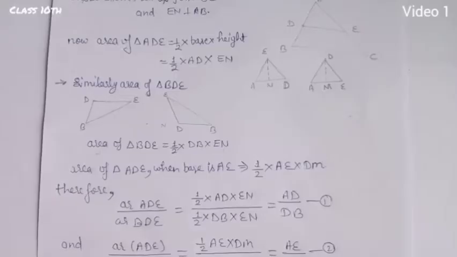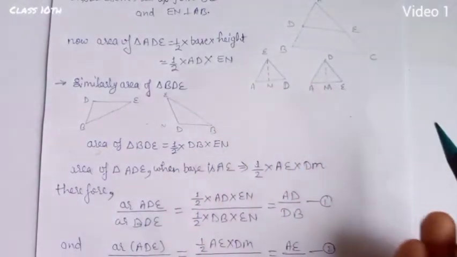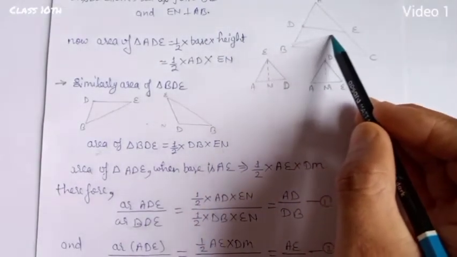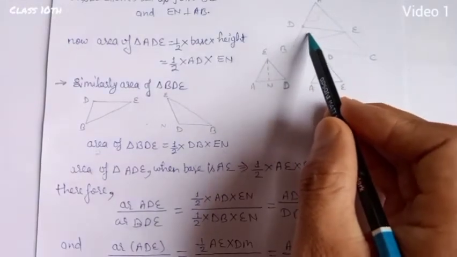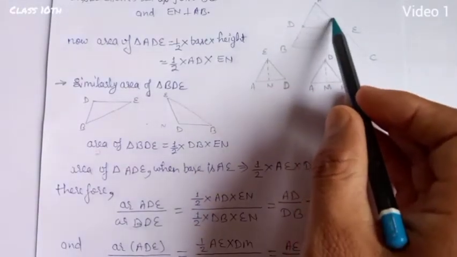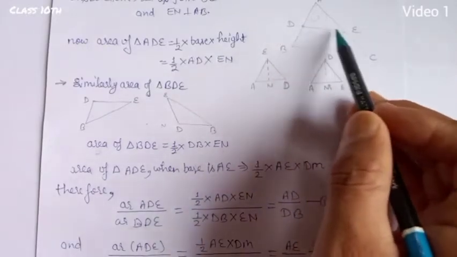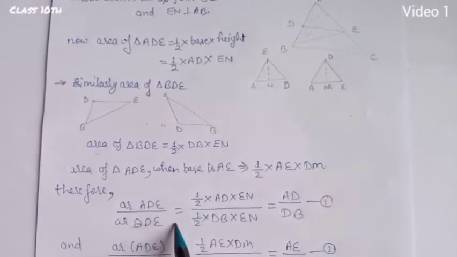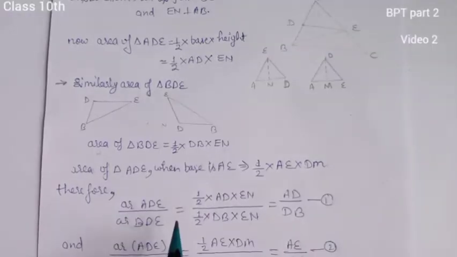As you know, students, we have to find the ratio of AD upon DB. First we take this as triangle 1 and this as triangle 2, and we divide the area of triangle ADE by the area of triangle BDE.